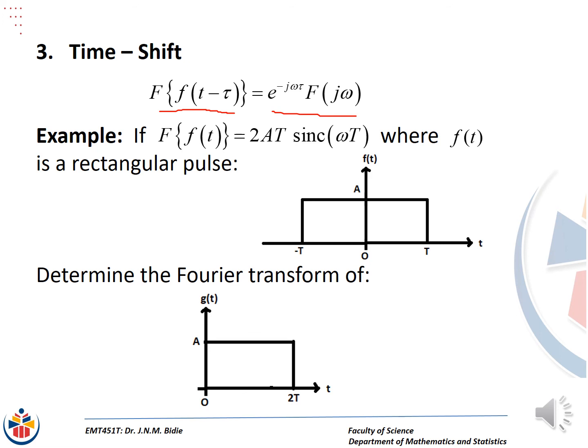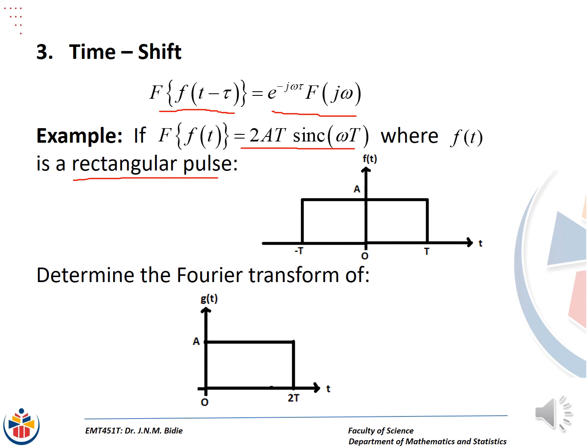Now let's recall that the Fourier transform of our rectangular pulse was 2a T sinc of omega T. Now we are asked to find the Fourier transform of g(t), which is definitely a delayed signal of f(t).